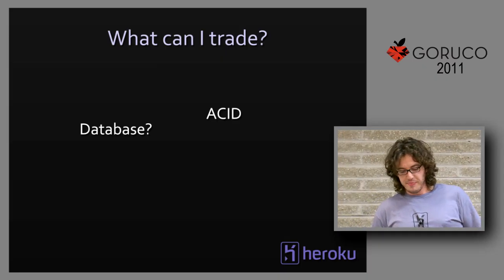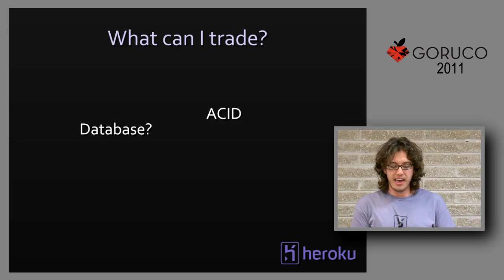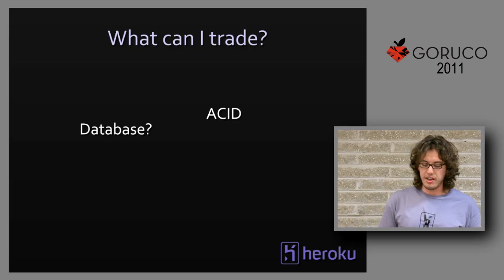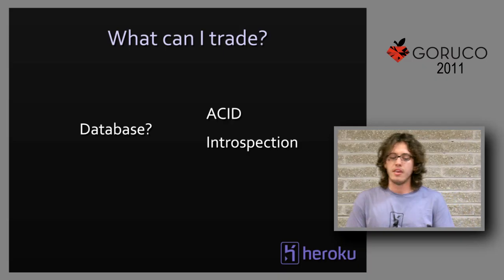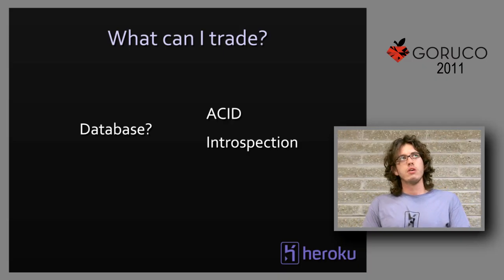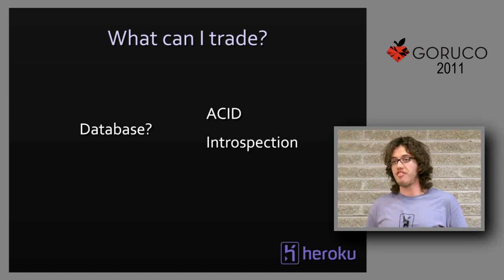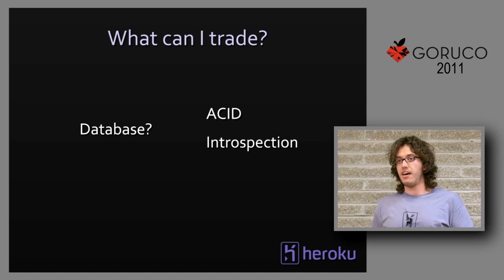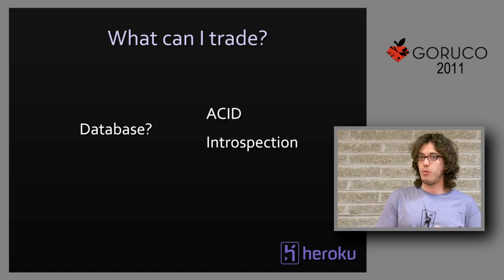And so anyways, I like the ACID quality that Postgres gives me, so I wanted that, and also introspection. When I built this message queue for this application, I was really leveraging SQL to give me a status report on what state my queue was in.